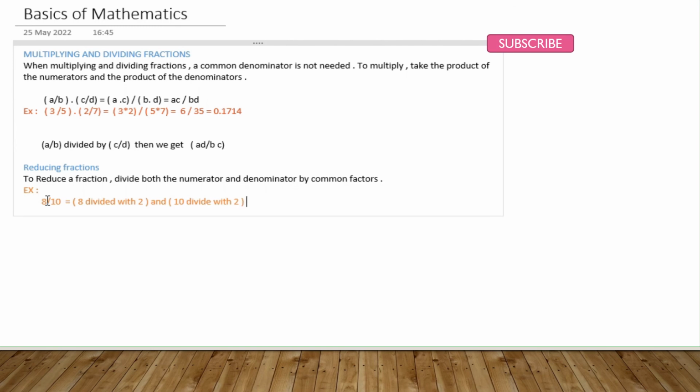That's why these are called reducing fractions. What will we get as output? 8 divided by 2 is 4, and 10 divided by 2 is 5. These are called reducing fractions.